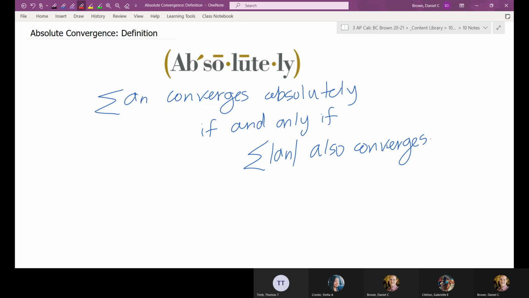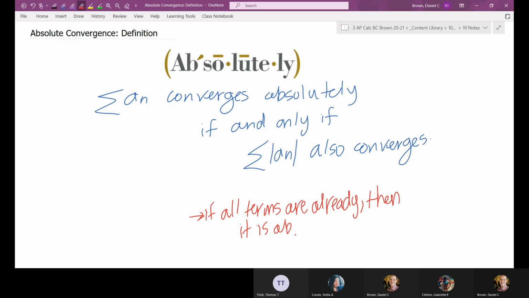So a series is going to converge absolutely if the series involving the absolute value of the terms also converges. From this, you can conclude that if all terms are already positive, then it is absolutely convergent. I probably should be more clear: already positive and converging.